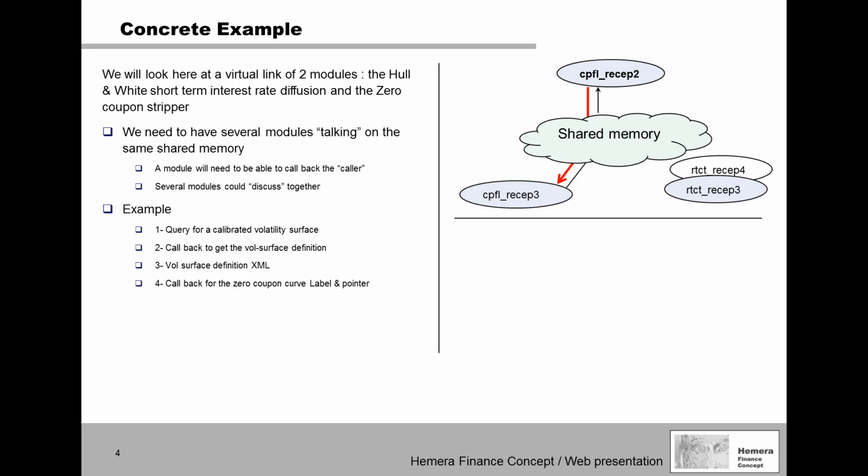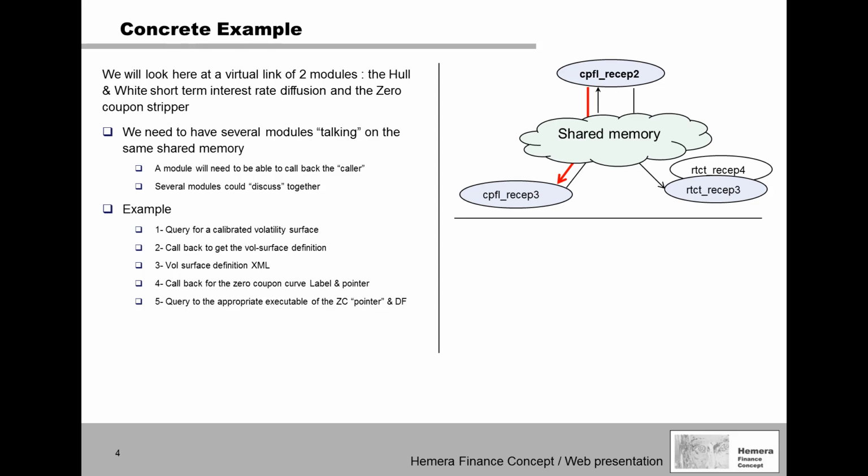Then, the quantitative module CPFL recept3 will ask the central module for a zero coupon curve label and pointer to be able to calibrate the diffusion process to the correct zero coupon strip. The central module will ask the processing scheme for A, the zero coupon curve label, and B, the quantitative executable to call to strip that curve.